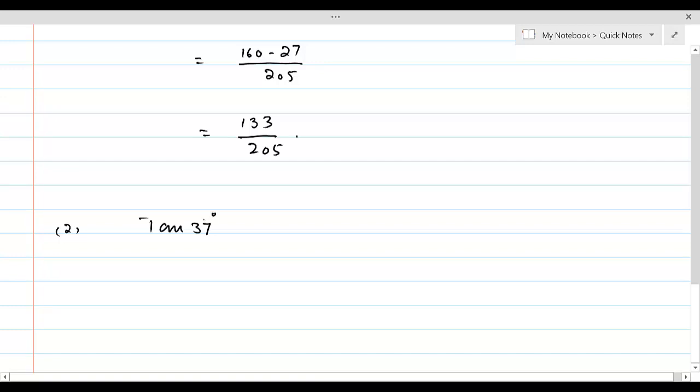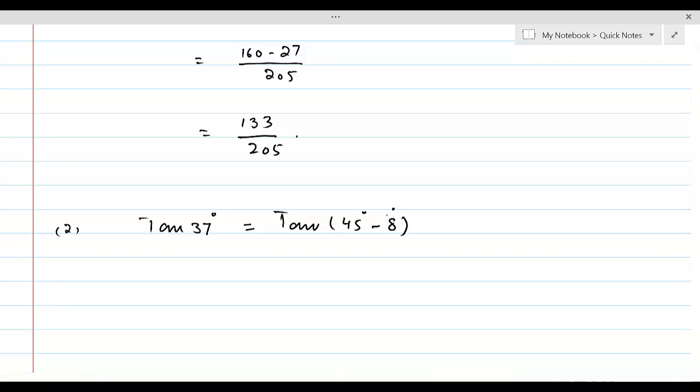Since 37 degrees is not a well-known angle and it would be difficult to find its value on the unit circle, we can write it as tan of 45 minus 8. If we can write it like this, that is a clue for creating the right hand side.